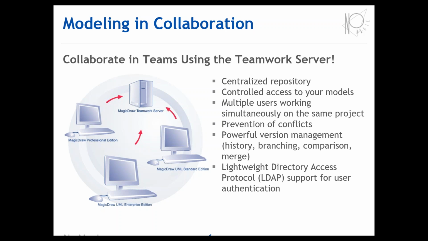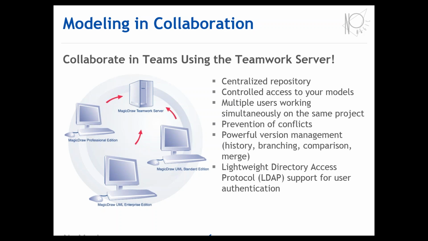And then, of course, we have the possibility to create branches. There's a branching functionality where you can have, let's say, your baseline project, and then you are working on a new version which you don't know at the moment will be approved or not.